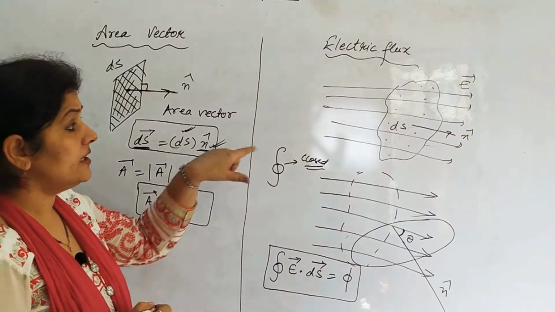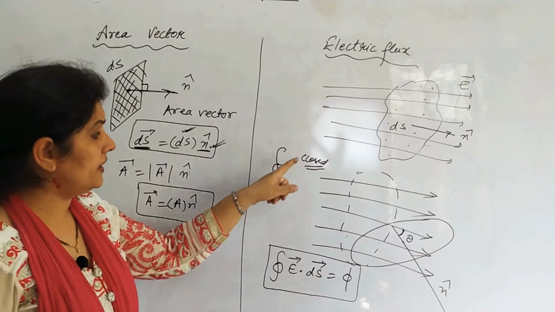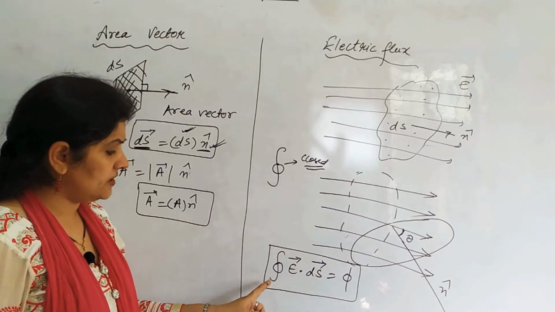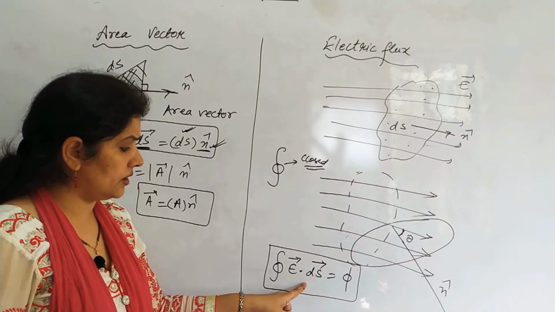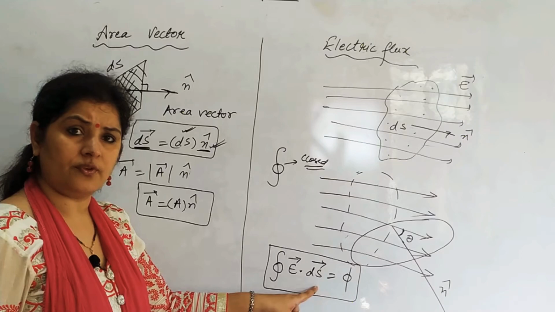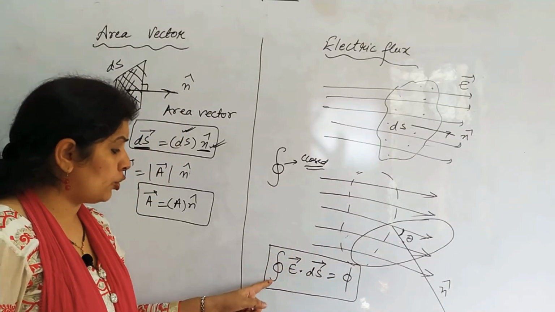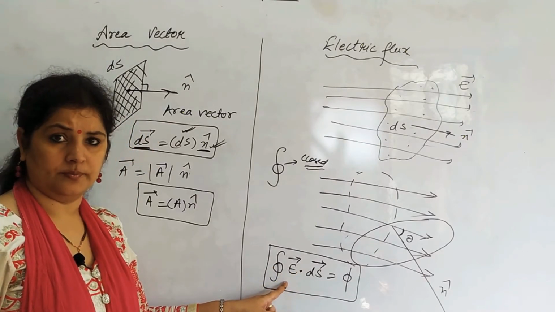We are taking how many field lines pass through this closed surface. So we express this as a closed surface integral. This means closed surface integral. Surface means we are talking about the area vector and we are taking the surface here. So electric flux is numerically equal to the closed surface integral of electric field.